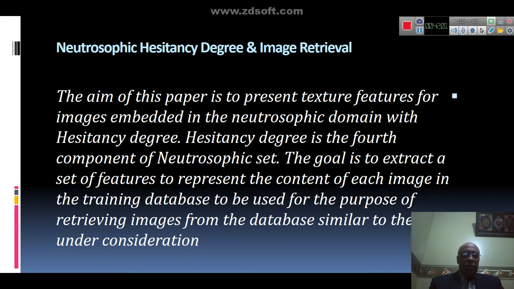There are other applications for neutrosophic in image: image retrieval presented the texture features for image by using the neutrosophic domain with hesitancy degree. Hesitancy degree is the fourth component of the neutrosophic set.